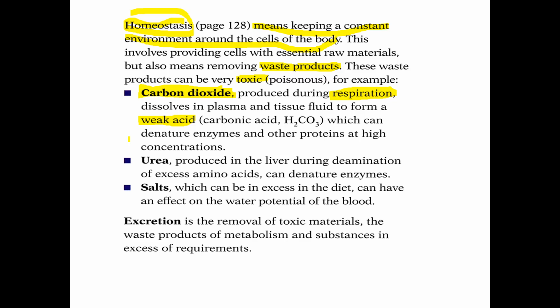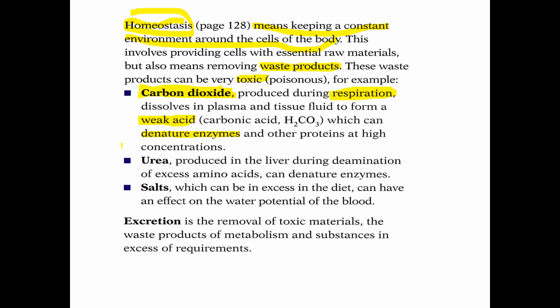This carbon dioxide in respiration will be released to the blood plasma. And as we know, in our blood, there are some enzymes. So, if the concentration of this carbon dioxide is high, it will affect the enzymes. What will happen to the enzymes? It will denature enzymes. What do you mean by denature? It breaks down the enzymes.